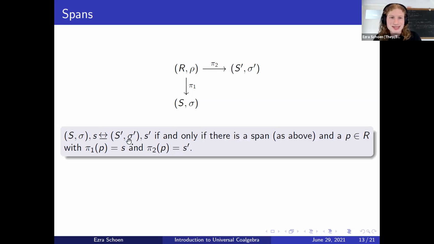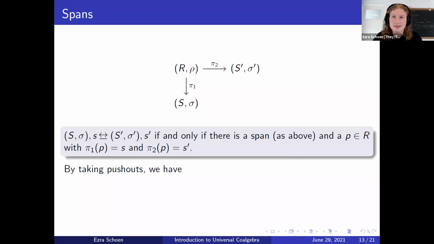So we say that two states are bisimilar if there is a span that unifies the two states, with a state that unifies the two states in a more composite coalgebra. And so this gives you a notion of bisimilarity.